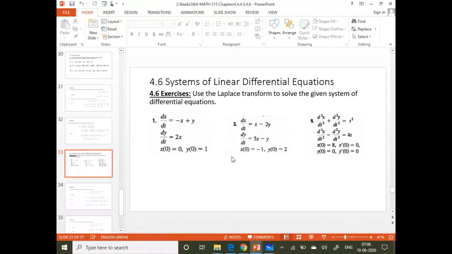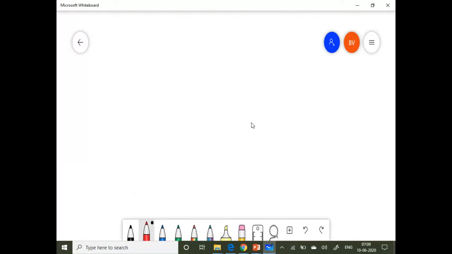Okay, here we go. As usual, we will open the whiteboard and start solving the problem. The first problem we are writing here. x prime is equal to minus x plus y.